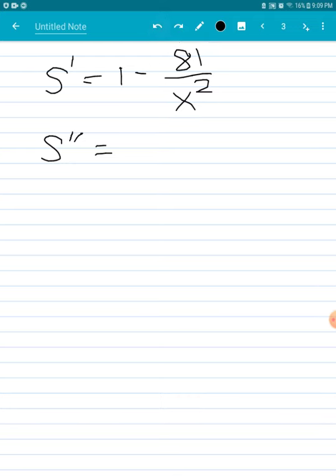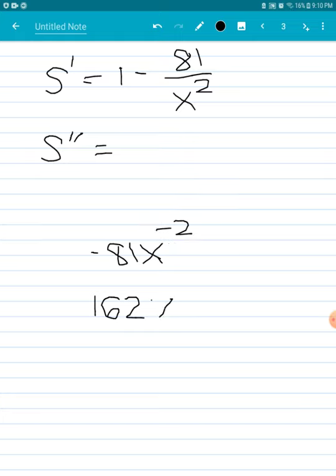And again, we can think of that as negative 81x to the negative 2. We bring down negative 2, so we multiply that to negative 81. We get positive 162. And then we subtract 1 from the exponent.